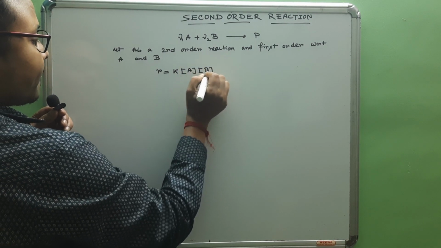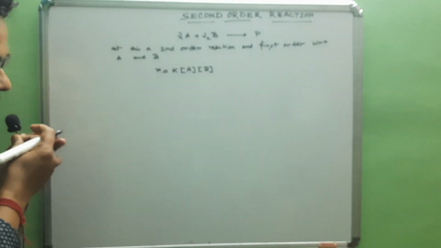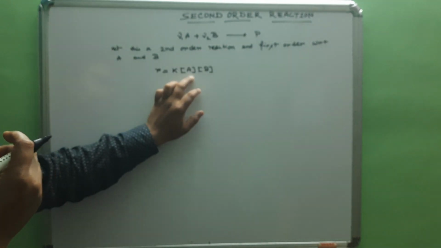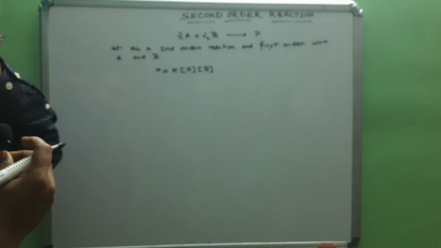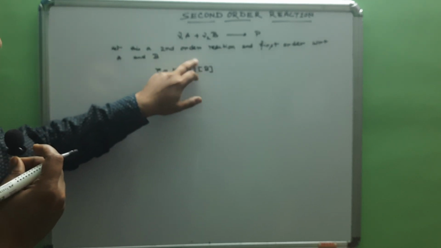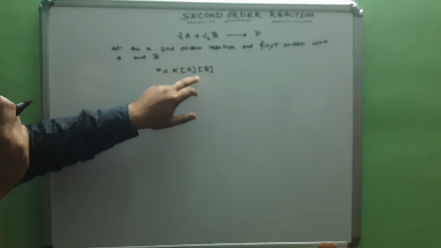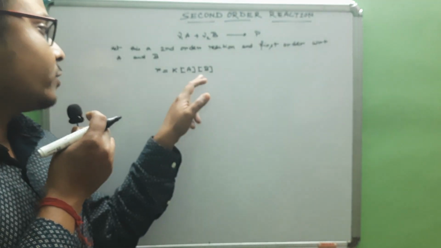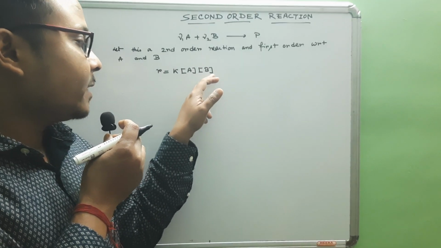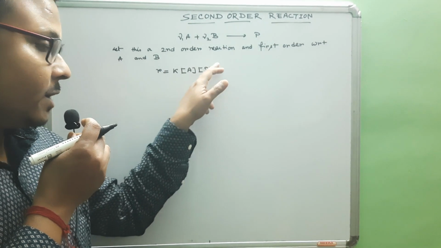Look, the reaction is first order with respect to A, so the power of the concentration of A is 1, and the reaction is also first order with respect to reactant B, so the power of the concentration of B is 1.